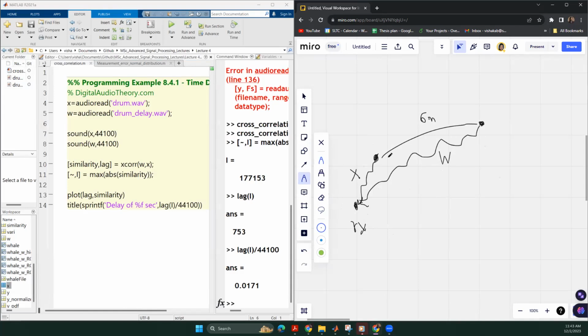So when we are trying to compare these two signals, although they are transmitted at the same time instance, let's say time t1, at the receiver end, the second signal will come with a certain delay, right? So the second signal will have a certain delay, and that delay is what we are trying to estimate here.